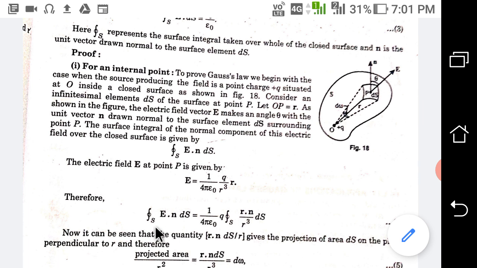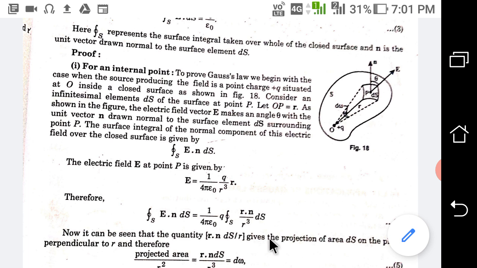So this surface integral of E dot n ds is equal to 1 upon 4 pi epsilon naught, q times the surface integral of r dot n upon r cube ds.